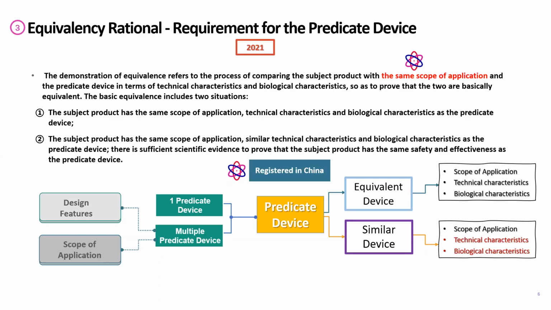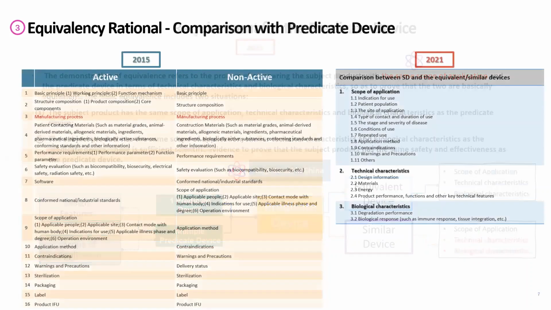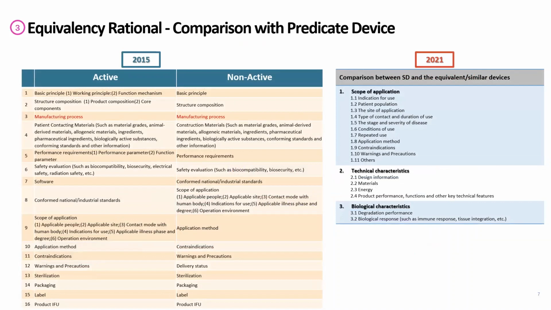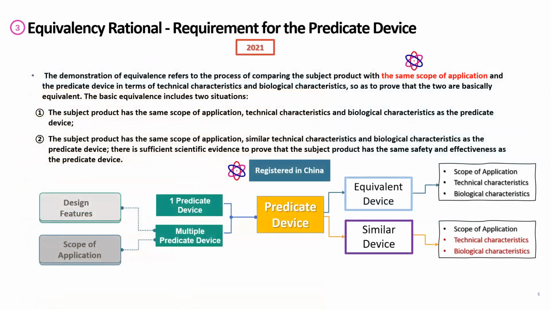In the 2015 guidance, it doesn't mention how many predicate devices we can choose when we compile the China clinical evaluation report. But in this new formal guidance, it mentions we can choose one or more predicate devices. Sorry, please go back. It also mentioned that if we choose two predicate devices, one is the primary predicate device and the other should be the secondary predicate device. This is one thing.